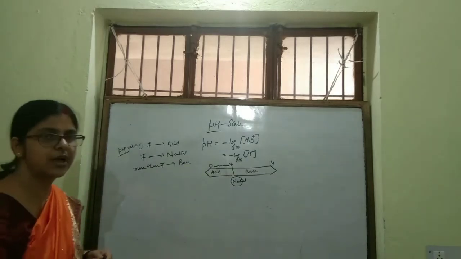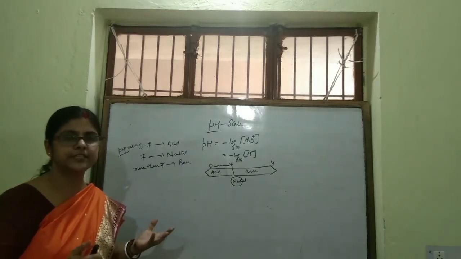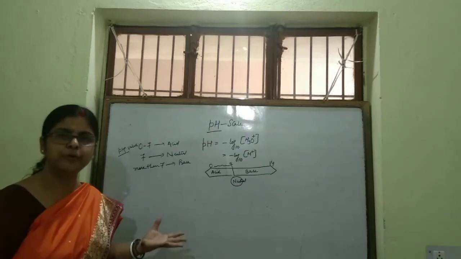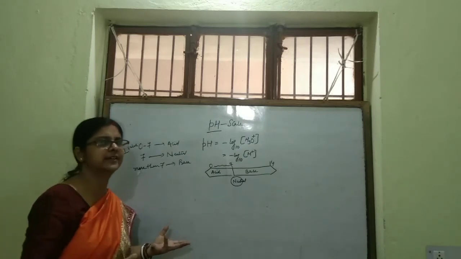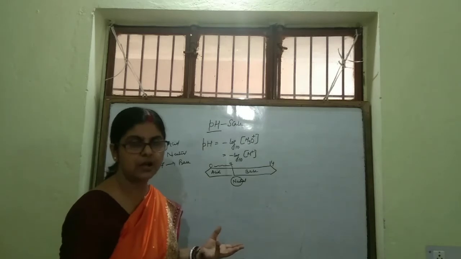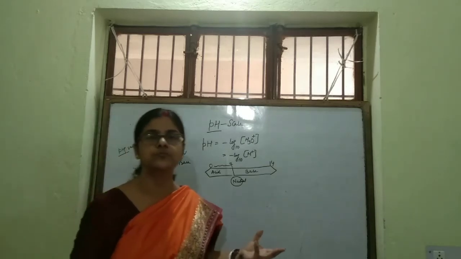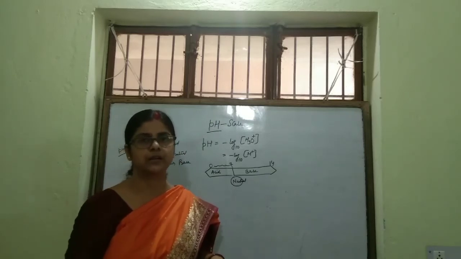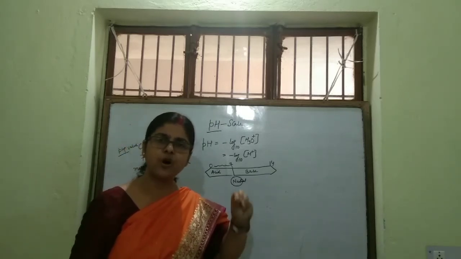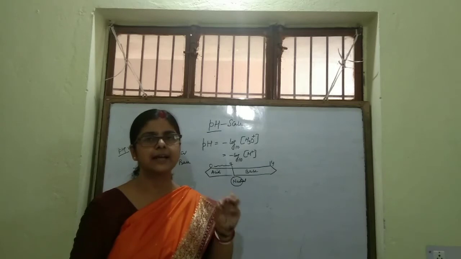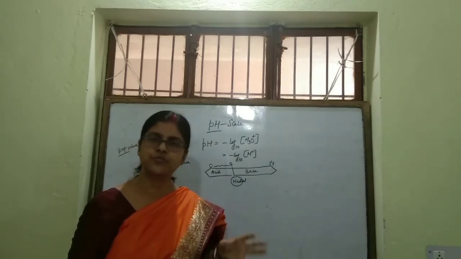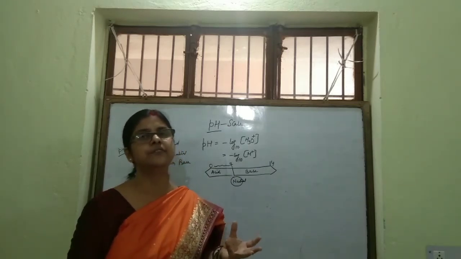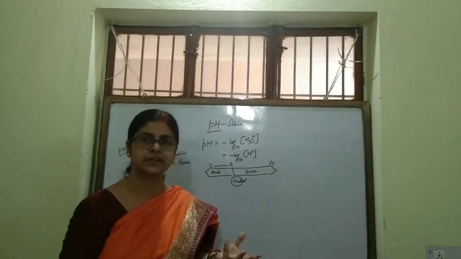Before proceeding to another point, I will discuss another thing. You will be performing your first practical in the lab also. But since all of you are at home, I'll discuss that part also. pH paper. If you put a drop of an acid or a base or any neutral solution, the color of the pH paper changes.